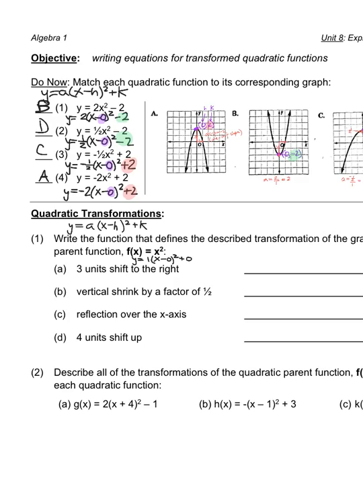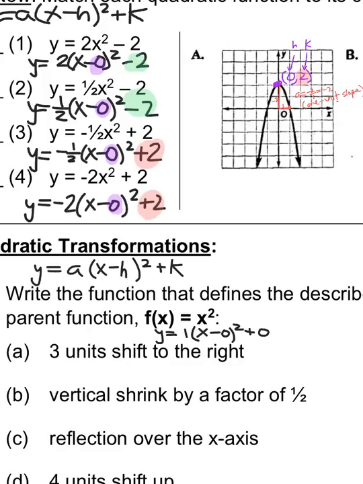All right, so we can redefine h as giving a horizontal shift and k as giving a vertical shift. All right, horizontal and vertical shift.